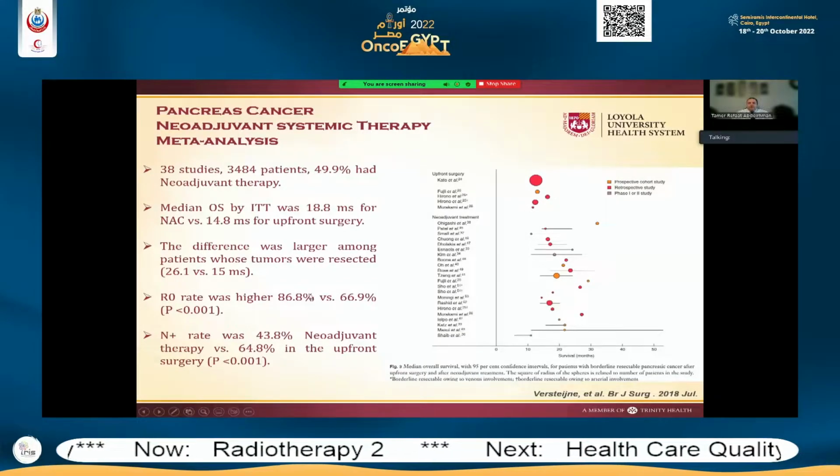R0 rates again improved survival, and R0 resection here was higher when using neoadjuvant therapy, up to 86%. And the positive margin rate for neoadjuvant therapy was less than with upfront surgery, by 20%, which was statistically significant.